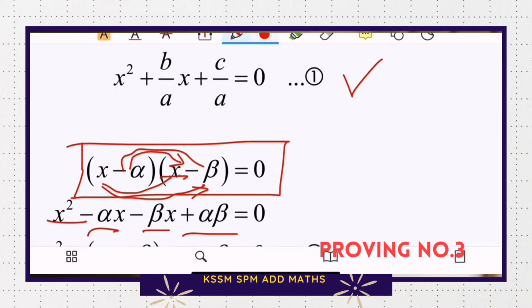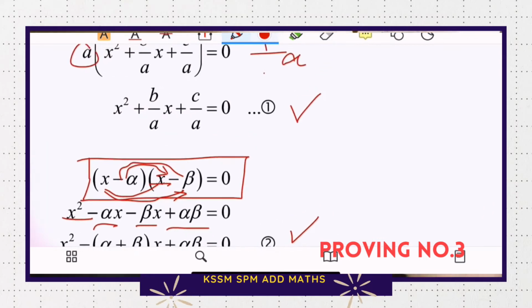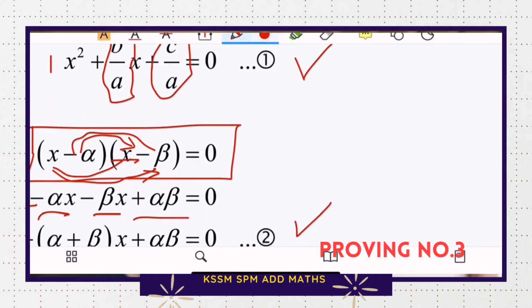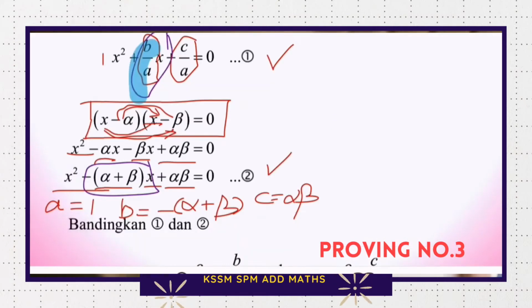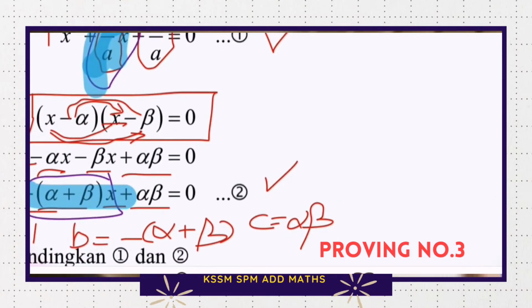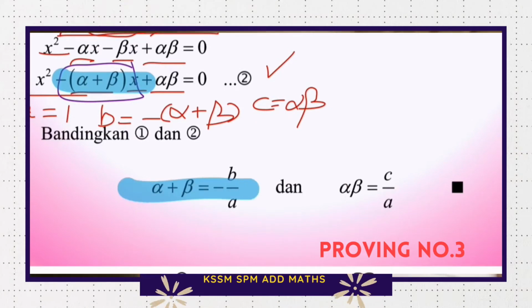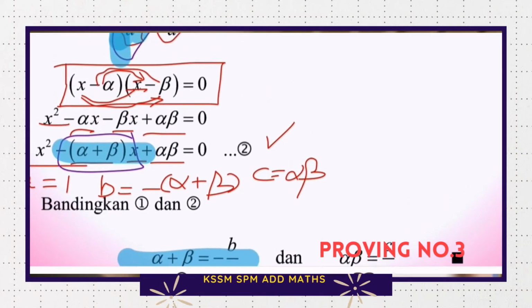So we will compare the 1 and 2. The 1 here, a is 1, the coefficient of the x is called b, c is c over a. I'm going to highlight this thing, and this thing, inclusive of negative, right? Can you see that? So b over a is equal to negative alpha plus beta.